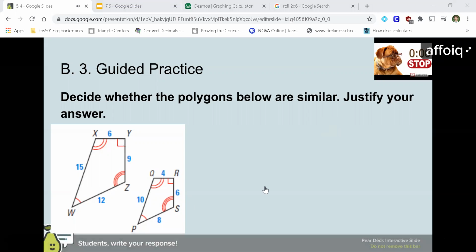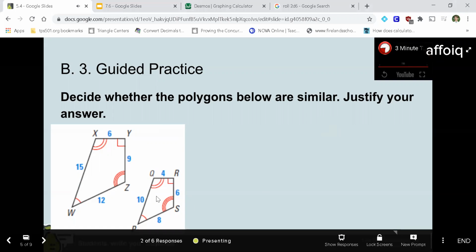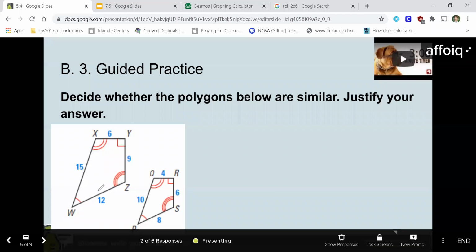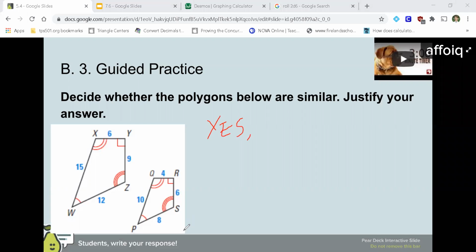All right, looks like we agree. Are these two polygons similar? Yes, they are. Note that all of their angles are congruent, right? Also note that all of the sides are proportional.